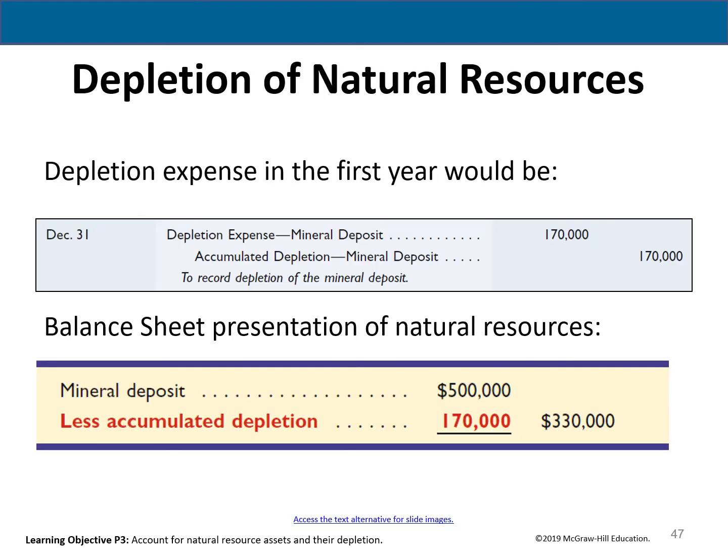So we would debit depletion expense and credit accumulated depletion, which is a contra account to our mineral deposit asset. And just like we do with plant assets, we'll take the mineral deposit cost of $500,000 and subtract the accumulated depletion balance.